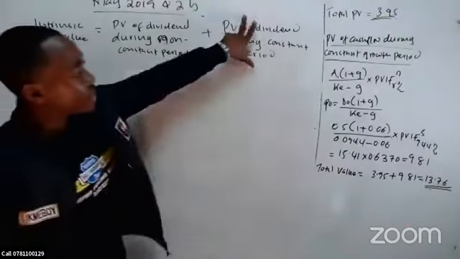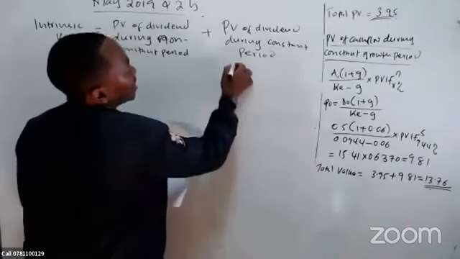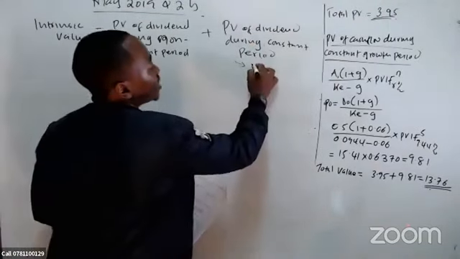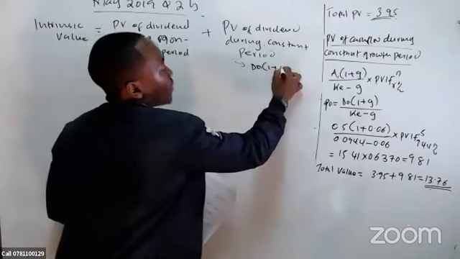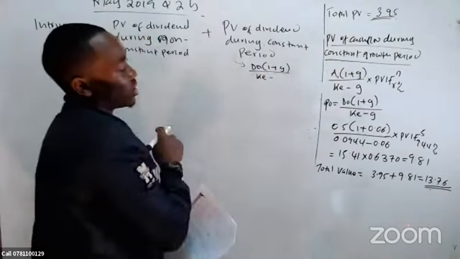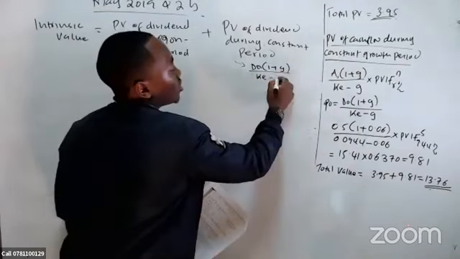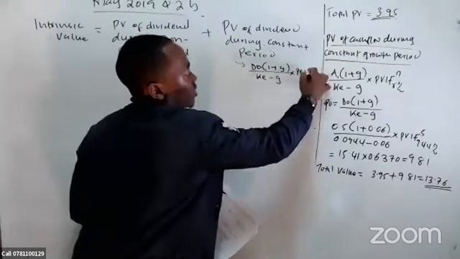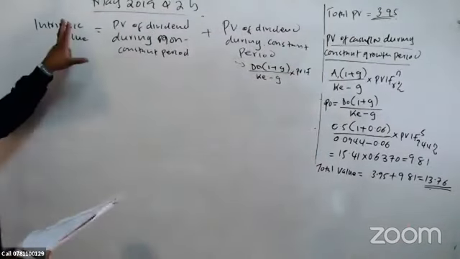When you're using the present value of dividend during the constant period, you just take D0 (1 plus g), then you take Ke, or the cost of equity, or the cost of capital, minus the growth rate, and then you get the present value interest factor. So you want to get the intrinsic value of one security.